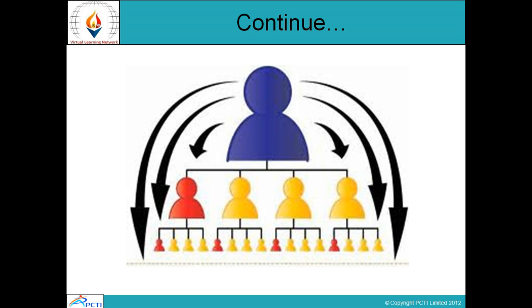Different channels of communication can be opened in front of you. You can't even imagine how the information is flowing from one part of the organization to another part. Not only the organization, rather from one state, from one country to another country. So there is a group. Millions of people can be part of this networking scheme.